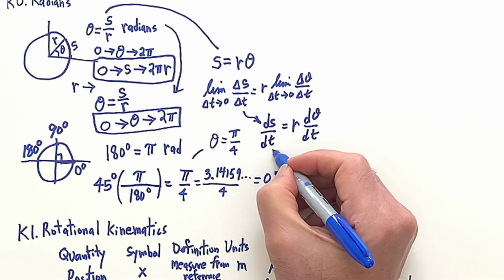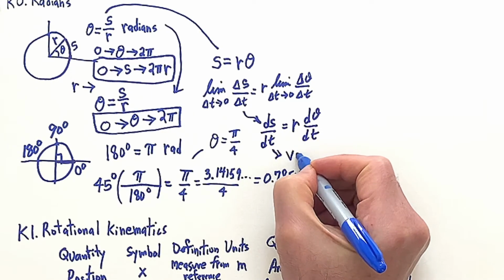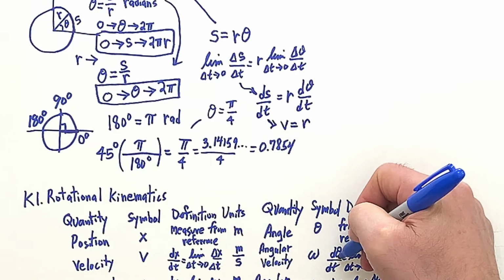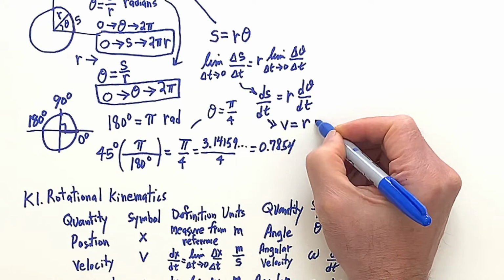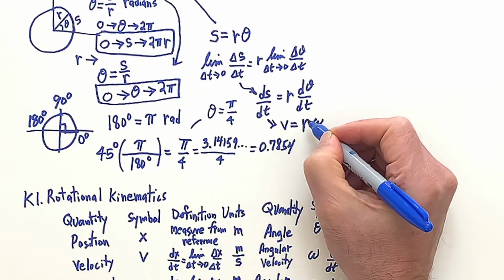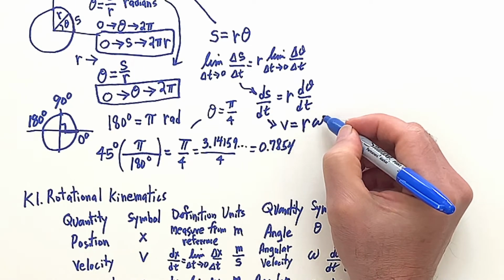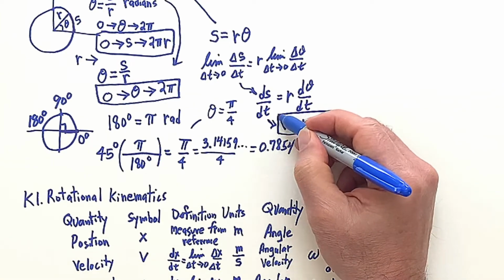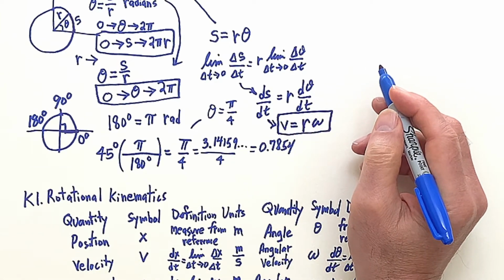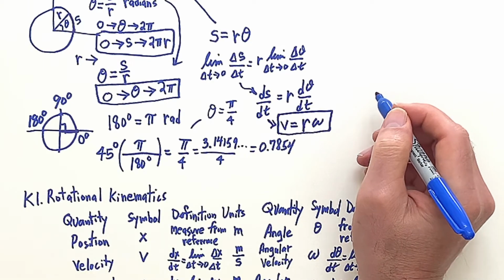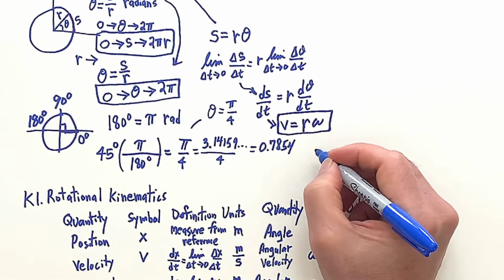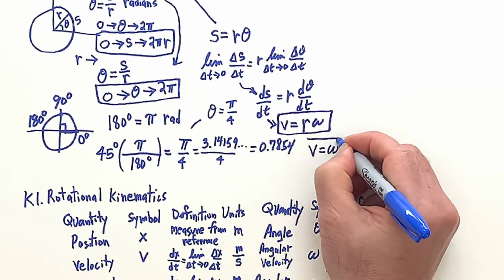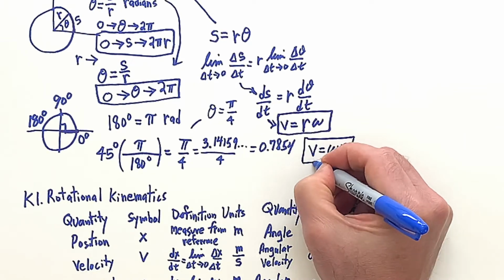So this here is the velocity, and this d theta dt is the omega. So we have this relation: V is R omega, which I like to write as omega R, since it sounds better, I think. Omega R.